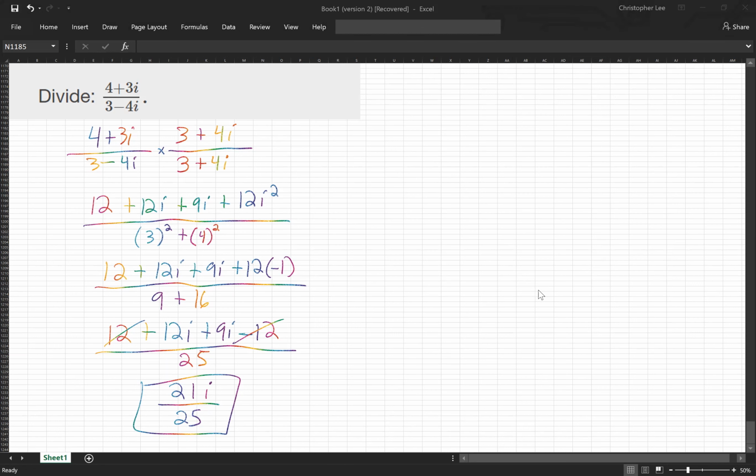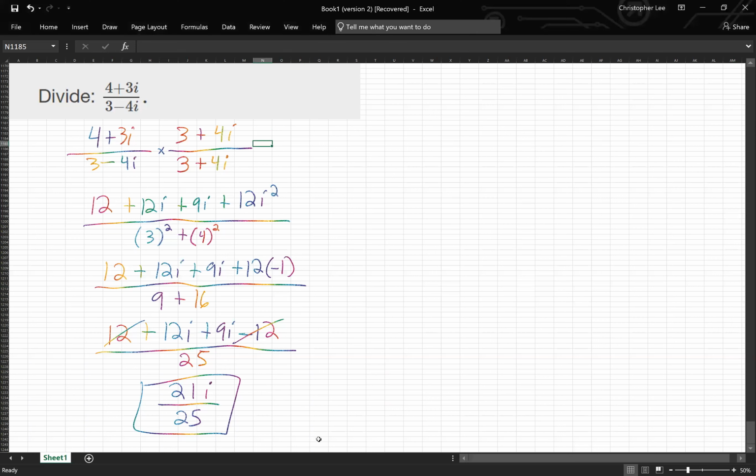12i is supposed to be 16? Which one? You're right, that is 16. Whoops, taking a picture of the wrong answer. My fault. It happens when you're rushing.